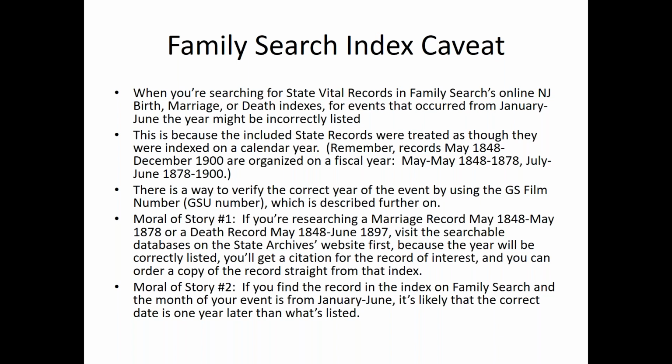So if you had records, for example, from July of 1896 to June of 1897, even though some of the events from January to June were in the year 1897, they were labeled as 1896 because it was the first year in the fiscal year. So just be careful and be aware that the year of your event in a Family Search index, if it happened between January and June, may be a year off.